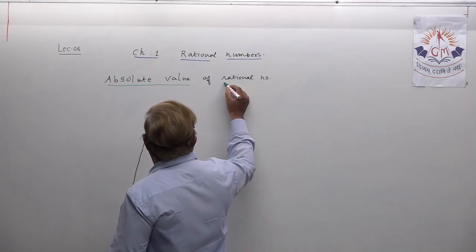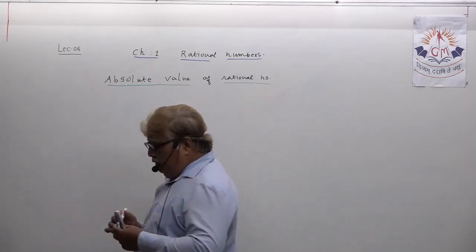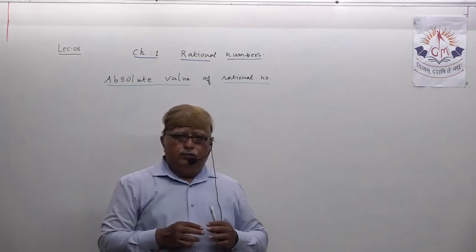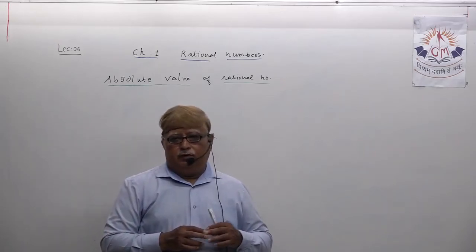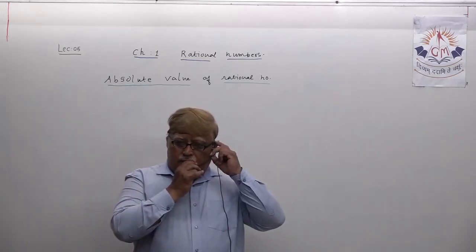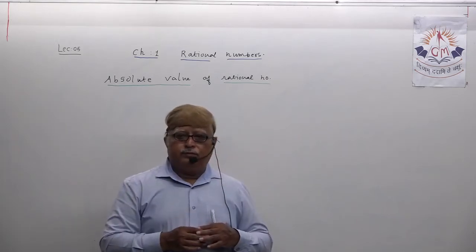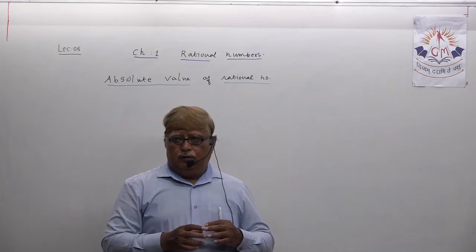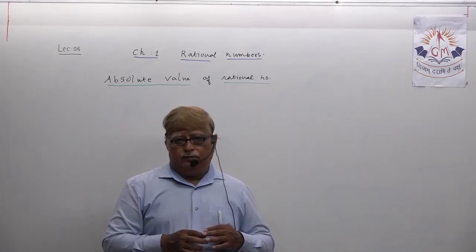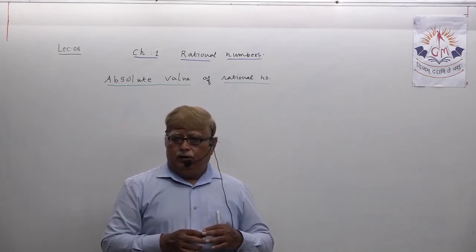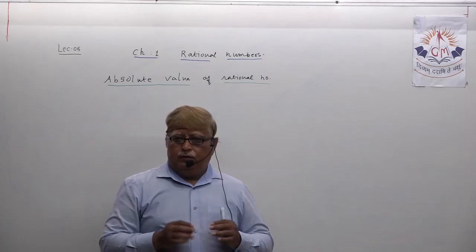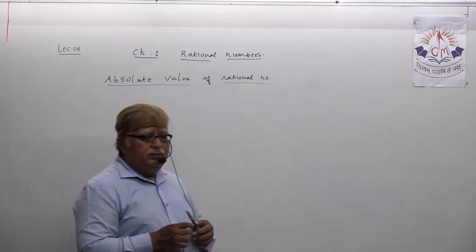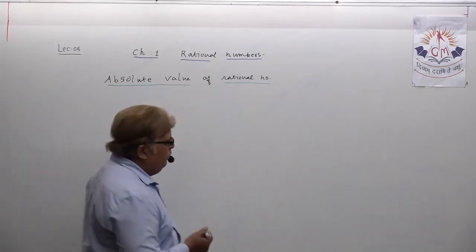You just have to think of value of rational number rather than concentrating on sign. Okay, now how can we find value, absolute value of any rational number? How is it possible to find?